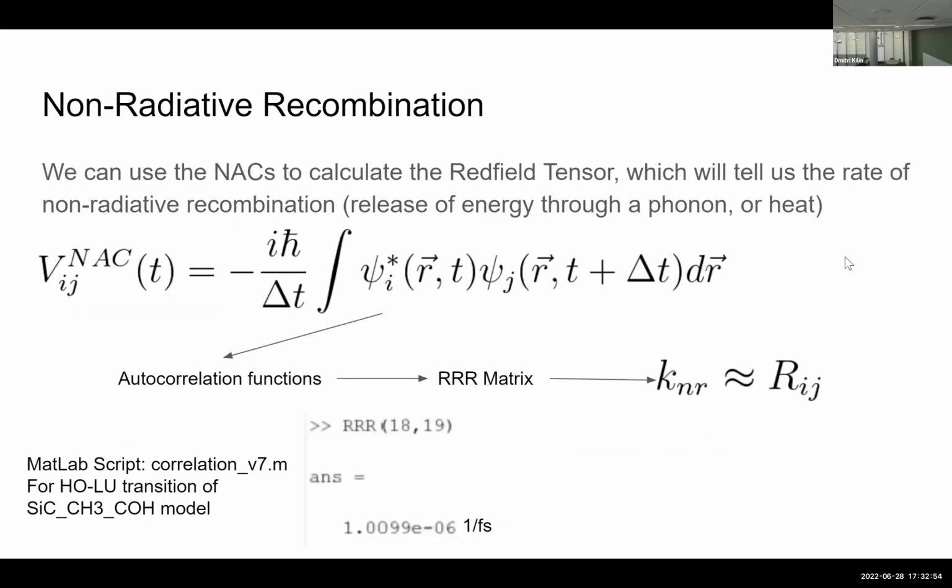The KNR, the non-radiative rate, would be calculated through the non-adiabatic couplings that we were doing and calculated on the Redfield tensor. Then just looking at the indices of that matrix would tell you the rate between those two states.